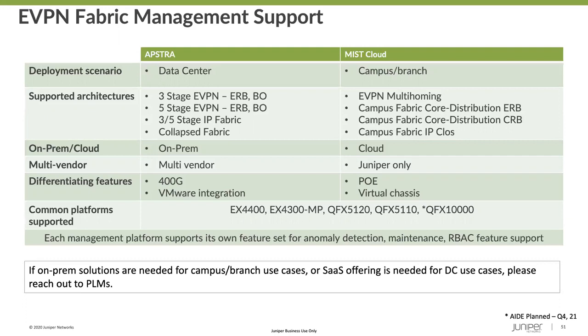And also when it comes to supporting what kind of deployment scenario, Apstra is by far more used in data center, while Mist is focusing on campus and branch. And that goes if you look into supported architecture, for instance. So in Apstra, we have this 3-5 stage or collapsed fabric, which are more data center centric architectures, while Mist is supporting more campus architectures like both ERB and CRB, for instance.